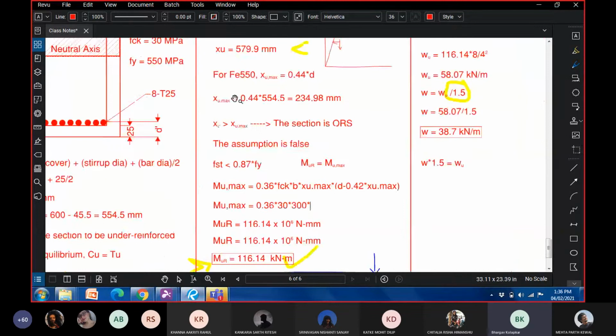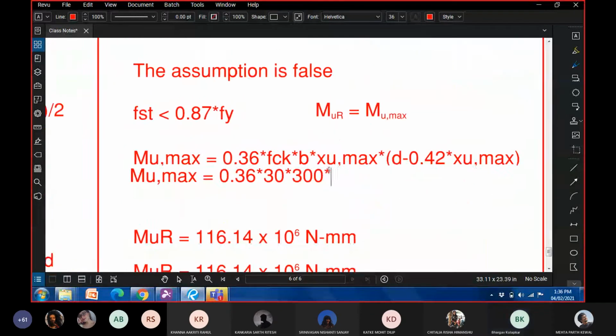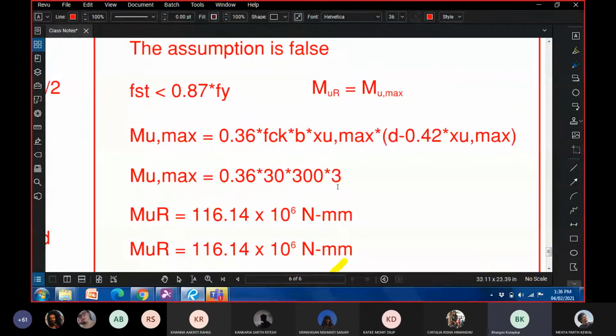Now XU max we've calculated here as 0.44 times D, which is 234.98, so I approximate it as 235, into depth, which is 554.5 minus 0.42 times XU max, which is 235.